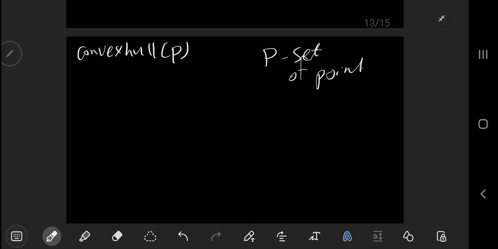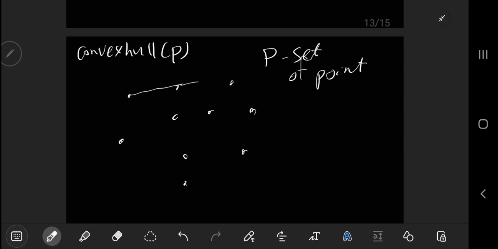So now I'm going to talk about the convex hull algorithm, and the idea is to get a bunch of points, a set of points which is called P. Let's say that P is a set of points, and we want to get the convex hull of this set of points.